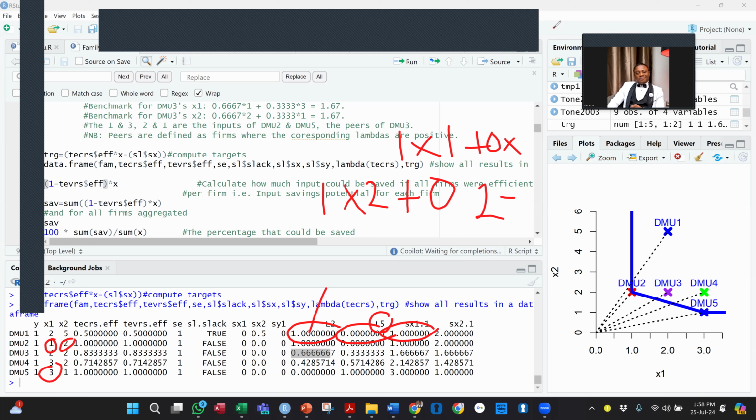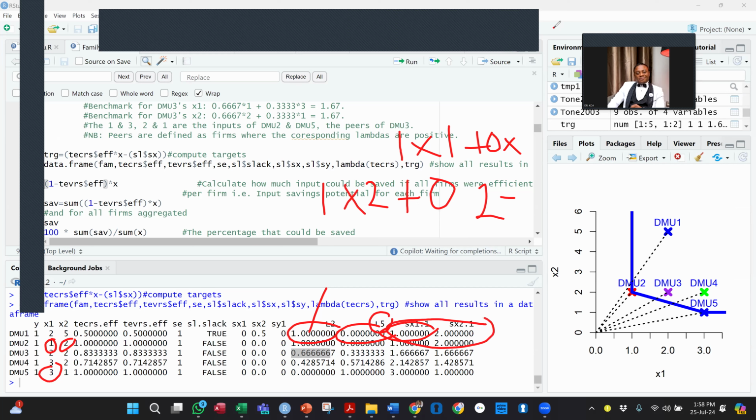Because there was a question one time I gave. So that's how you calculate. In short, learn how to calculate this target. When I want you to calculate the target and use the two approaches, I will not give you the values here.